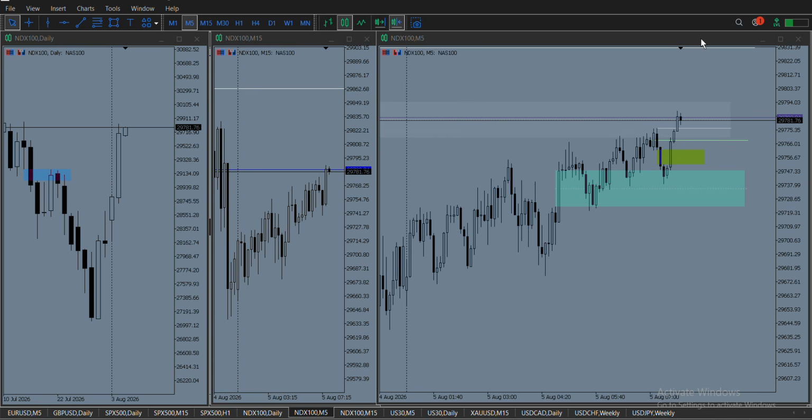So my interest on that buy side is not only in yesterday's high, but it's also on this candlestick here. This candlestick's high is 29,862.95. So that is 862.95, and yesterday's high is 830. So that is 862, 830, that's 30 points between those two pools of buy side.